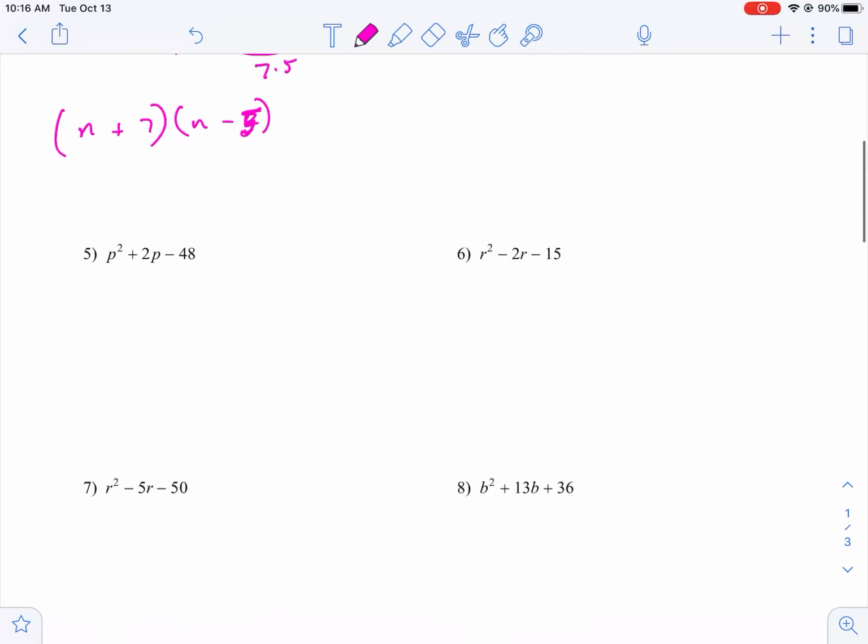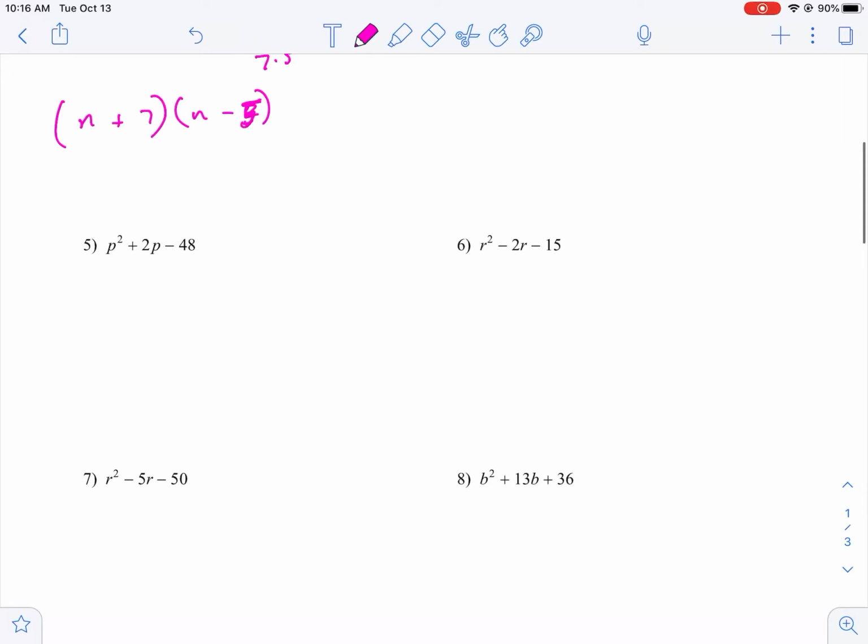Okay? Number 5, p squared plus 2p minus 48. Okay? So it's plus and a minus. Okay? So 1 times 48, 2 times 24, 3 times 16, 4 times 12. All right, now I'm subtracting. This is 47, so that ain't it. That's 22, so that ain't it. That's 13, so that ain't it. 12 minus 4 is 8, so that's not it.